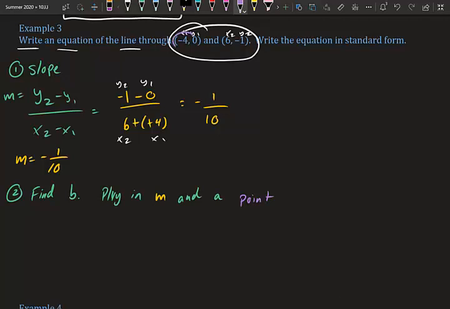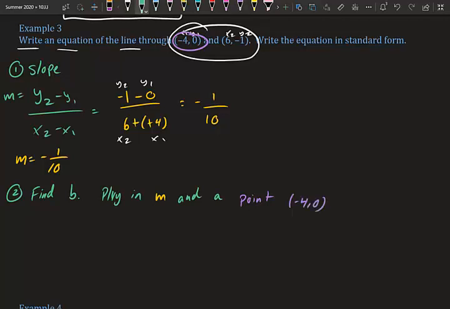I'm going to pick (-4, 0) because they're smaller numbers, and I have a 0 in there. No other reason. On the paper notes that you can access, I plugged in 6 and negative 1, so you can see how that works out too. It's going to be the same exact answer. So the point we're going to use is (-4, 0).